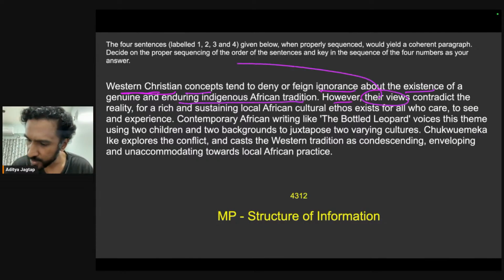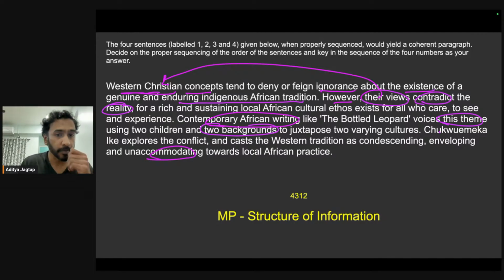However, their views, the Western Christian views, contradict reality. Today's African writing voices this idea of how their views are wrong, and it uses two backgrounds to compare. This author seems to be an example of this sort of modern African writing, and this author thinks that European writings are unaccommodating towards indigenous Africans.